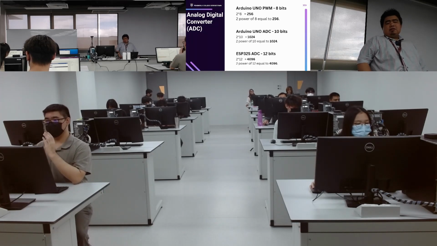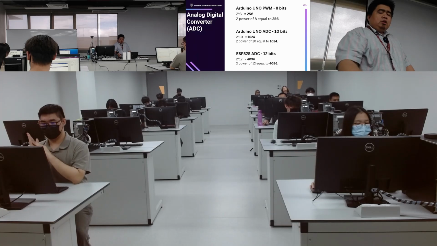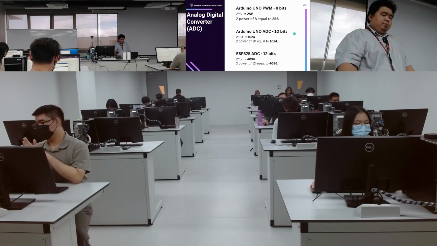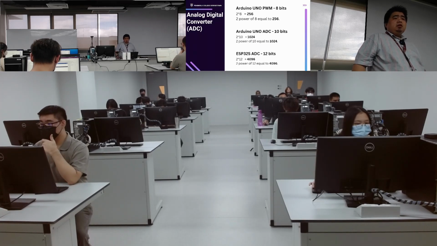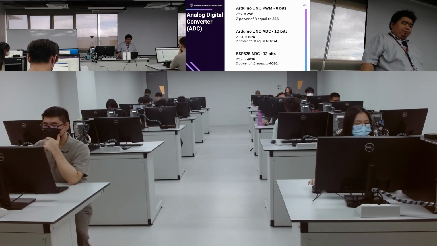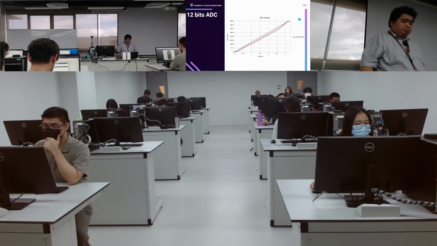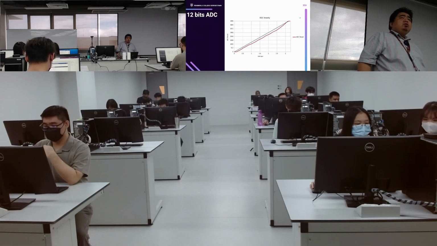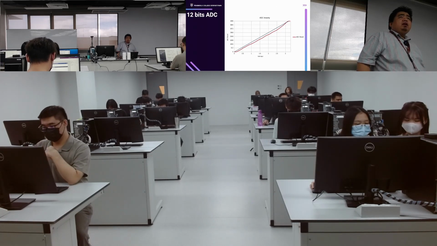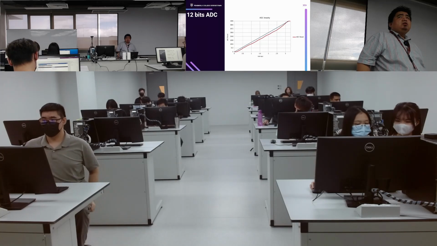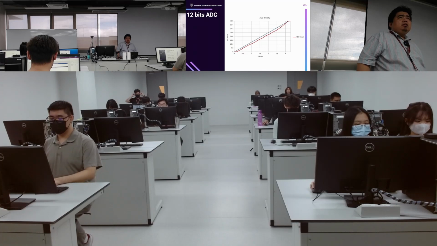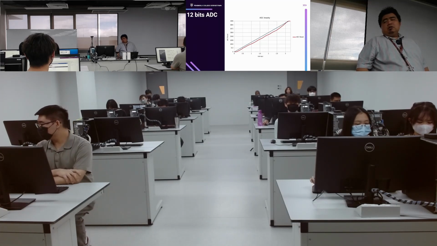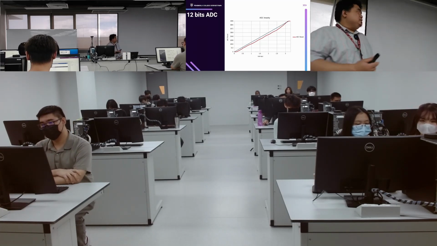For this case, our ESP32 uses a 12-bit ADC, so that's why we reach up until 4095. Even though the ADC provides the analog value, it is not necessarily accurate, right?